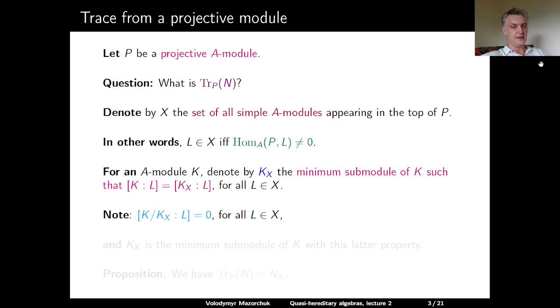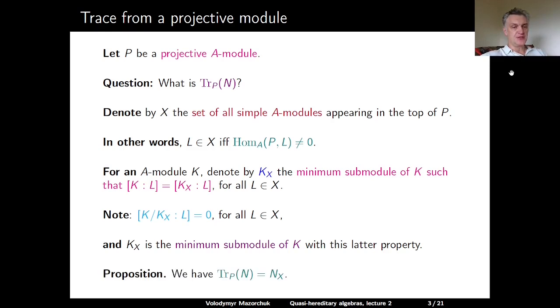So for any L in X, the multiplicity of L in K modulo K sub X is 0. Moreover, K sub X is the minimum submodule of K with this property. We just take the intersection of all submodules of K with that property.